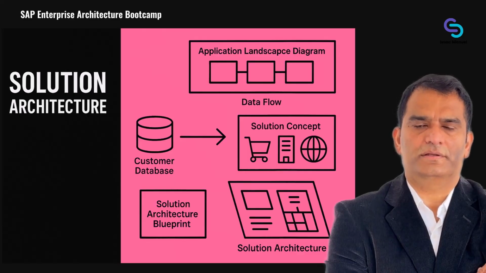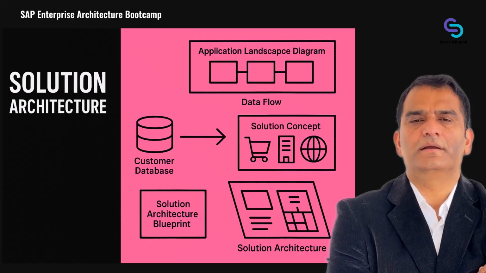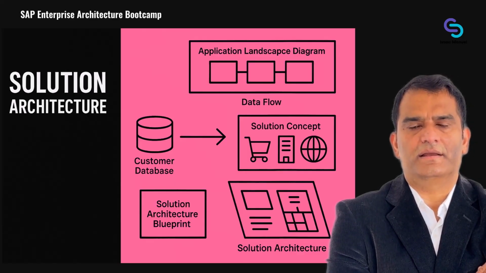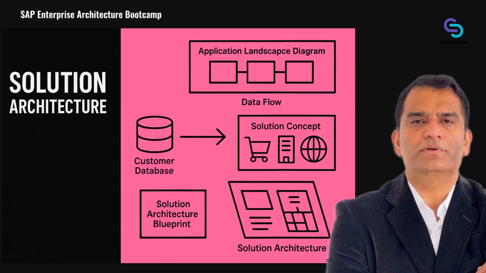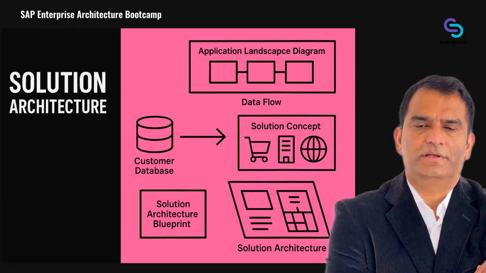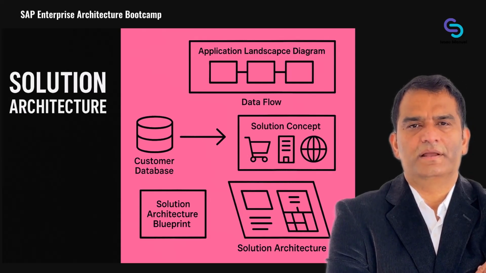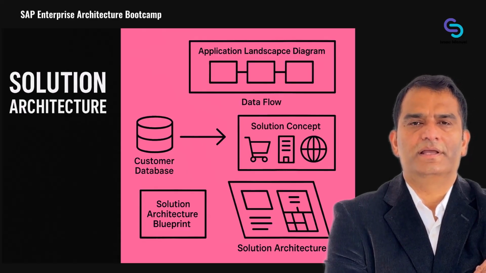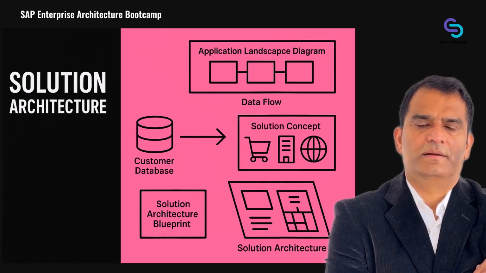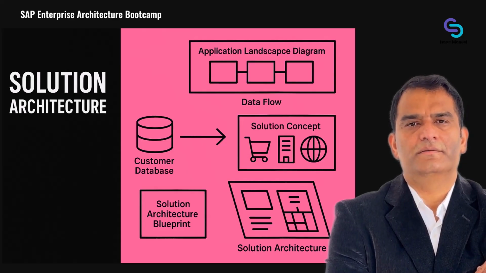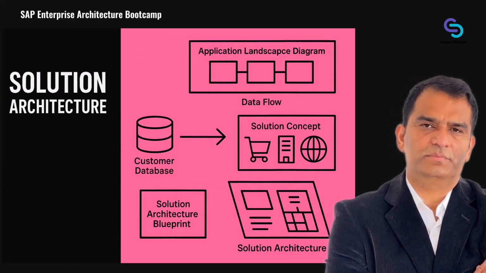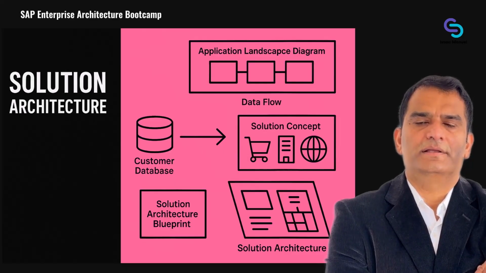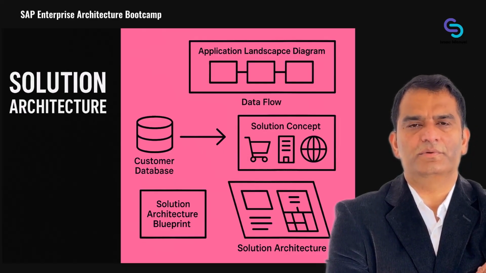There's also often a solution architecture blueprint, which is a more detailed design covering components, their responsibilities, and integration points. The SAP EA meta model, more on this soon, ensures that as we create these artifacts, we keep consistent definitions. For example, if "customer database" appears in a data flow and an application diagram, they refer to the same concept.